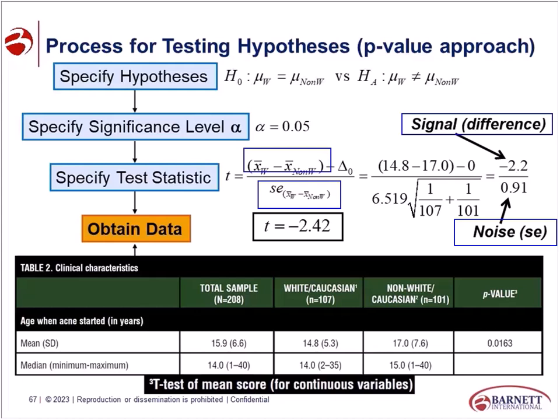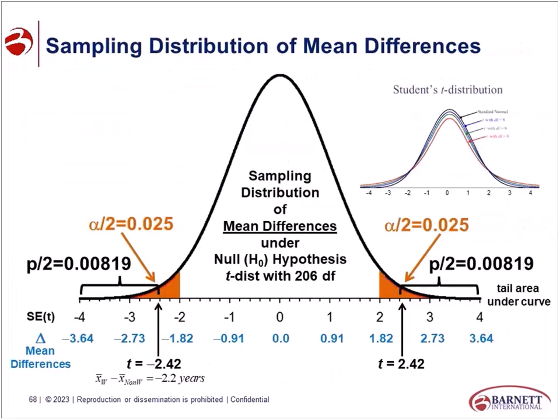Now, all test statistics are exactly like this. It's a signal to noise, no matter if you're comparing means, proportions, rates, whatever you're comparing, it's always that kind of format.